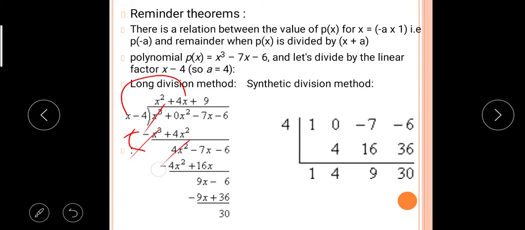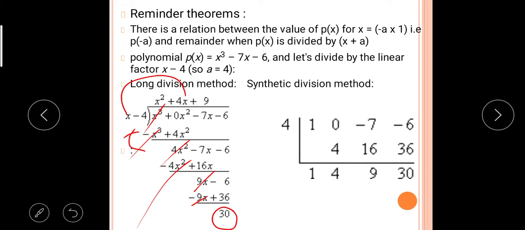Then 4x square minus 4x square will cancel out and you will get 9x minus 6. Now again multiply with 9, so you will get 9x minus 36. It will cancel out and you will get the remainder 30.